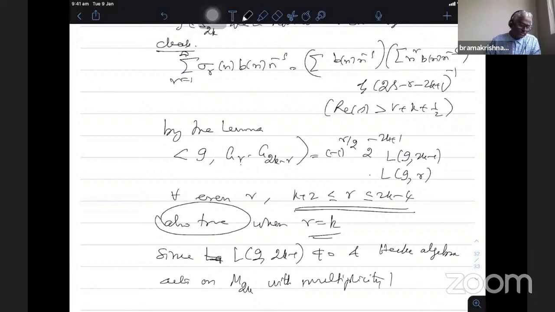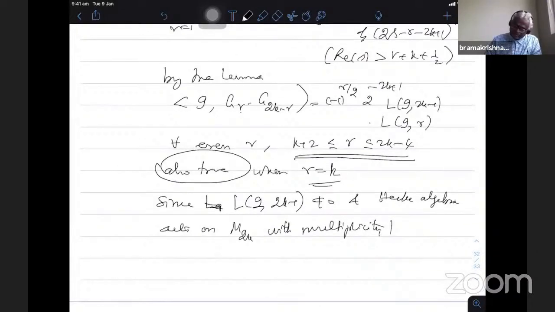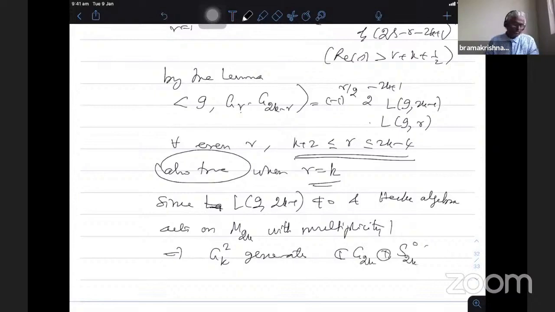That is true in this case. It follows that G_k squared generates G_2k direct sum S2k 0, as a module over the Hecke algebra.